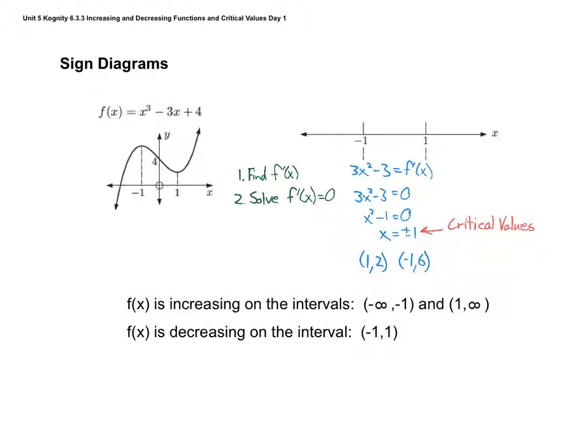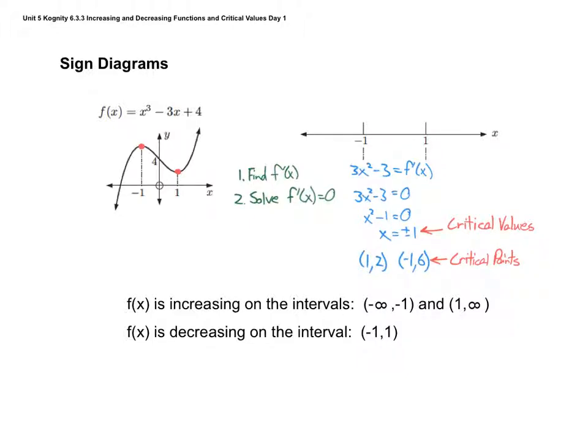Those are what we call critical points. So pay attention to those two terms. A critical value is just a value of x. A critical point is actually a point, x and y coordinates. Now, what we just found were these 2 points here, negative 1, 6, and 1, 2.